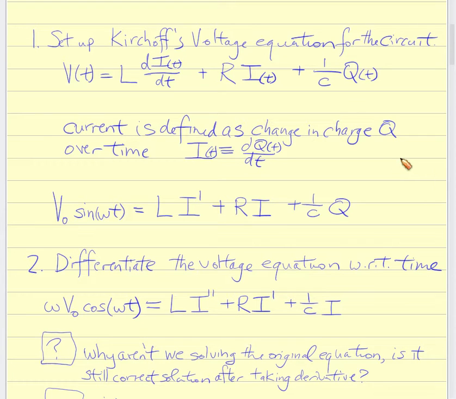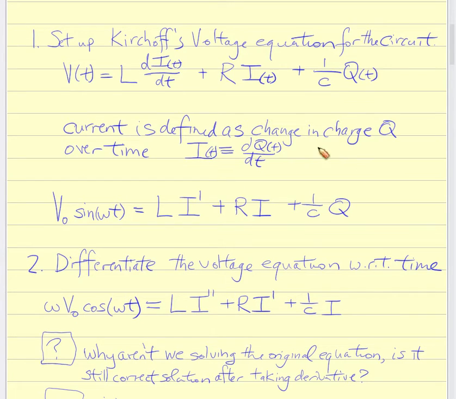So our equation has a variable right now that's q, and we want to change it into something in terms of I, because q is charge, and we're interested in solving for current. We know the relationship between current and charge: current I is the time derivative of charge.